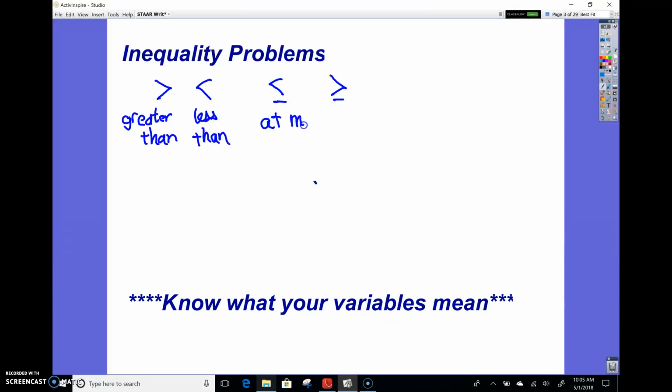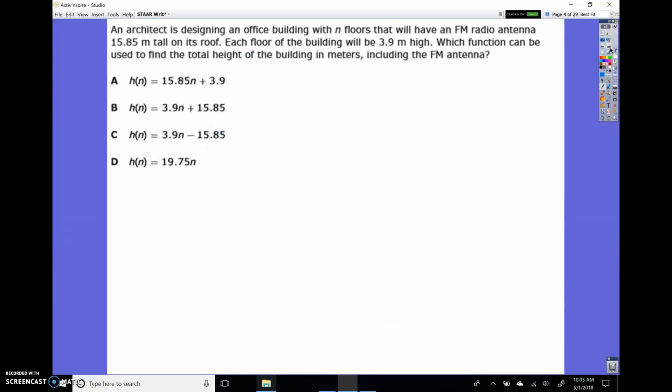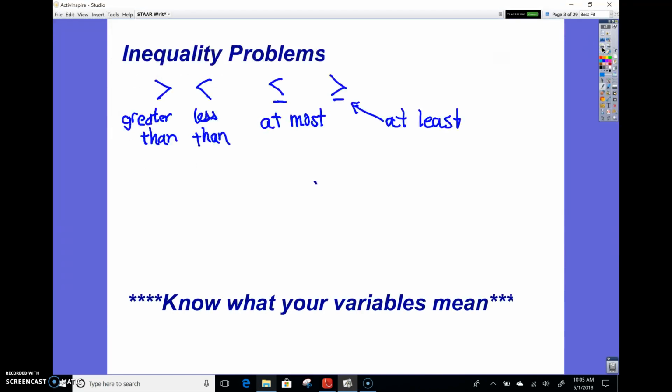They'll use words like at most for this one, and they'll use words like at least for this one. There are other words we'll visit, but these are the words they like to use. Let's do one more. Maximum, minimum.